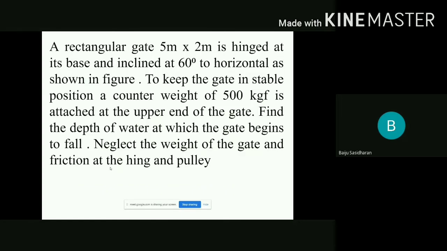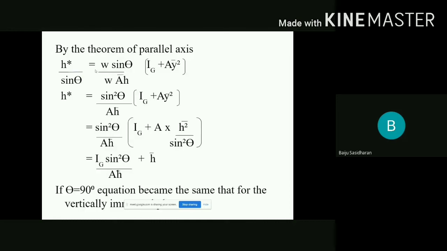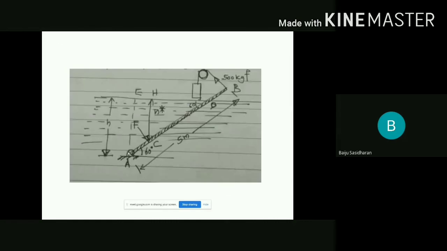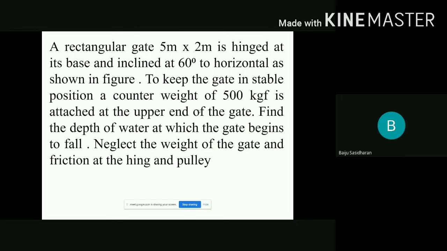A rectangular gate 5 meter by 2 meter is hinged at its base. Clear? And it is inclined at 60 degrees to horizontal.